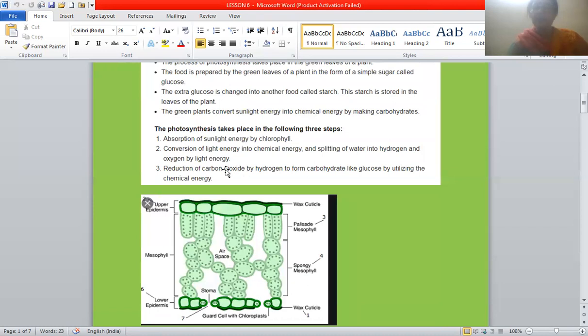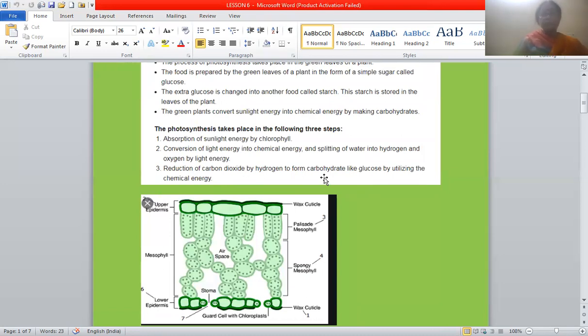The third step is that carbon dioxide is reduced by hydrogen to form carbohydrates like glucose by utilizing the chemical energy. These three steps need not take place simultaneously, but the process is the same.